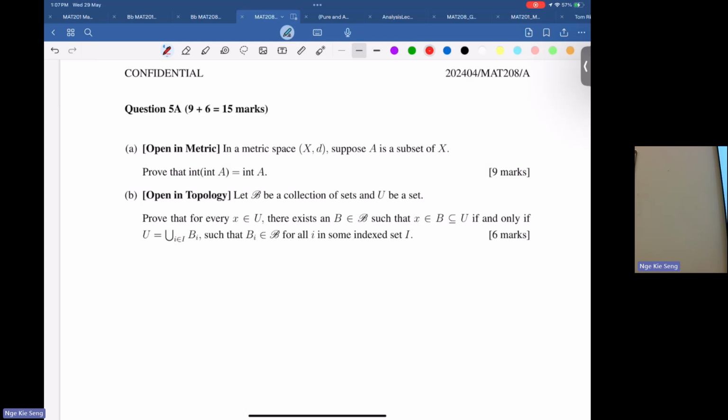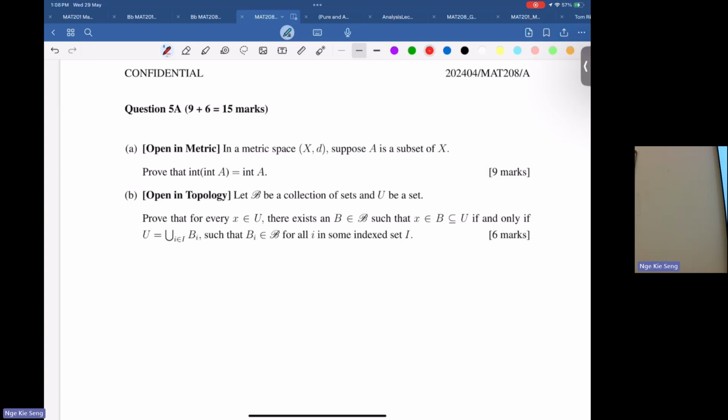So the algorithm will stop somehow. You cannot take the interior forever.